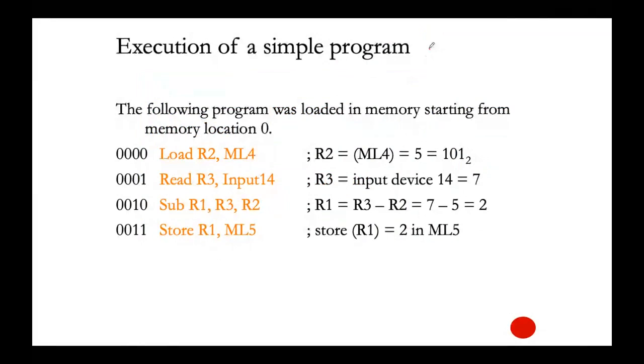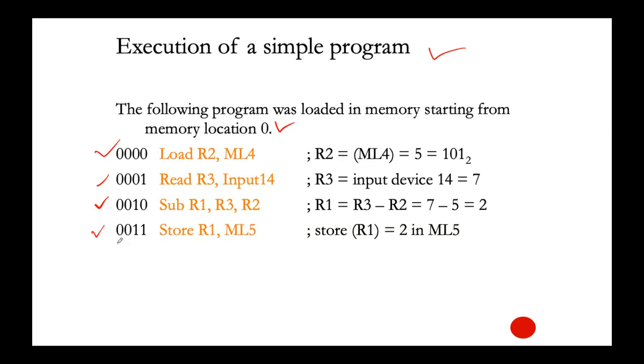So the execution of a simple program. Here you can see the following programs were loaded in memory starting from memory location 0. The memory locations are given as 0, 1, 2, and 3. Consider this program.